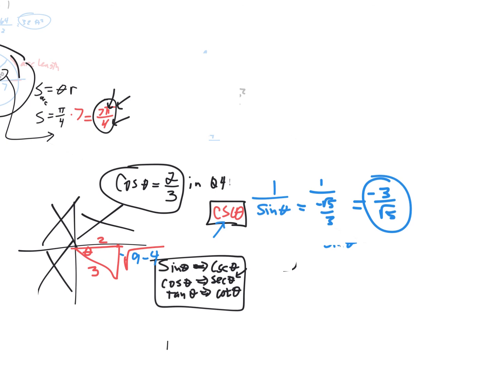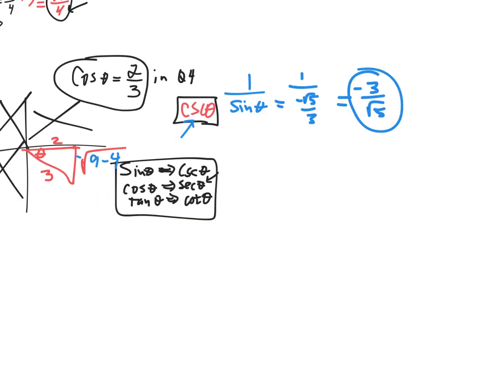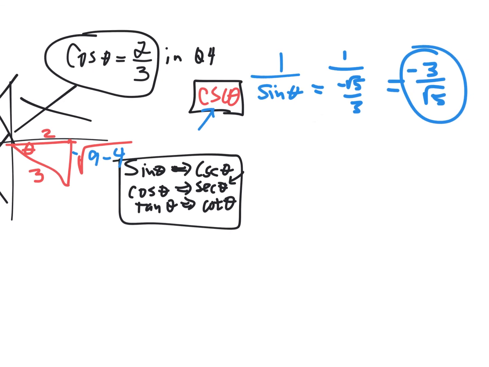Or do you think I should do another one like this? A 1 on your hand, like holding up a 1 or a 2. A 1 on your hand means more like this. And a 2 on your hand means more like this. I'm going to see which one wins. All right. The ones win. Okay. I'll see if I can squeeze in one more of the other kind too.